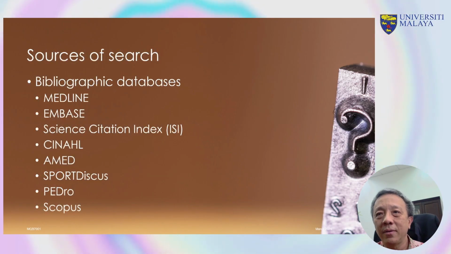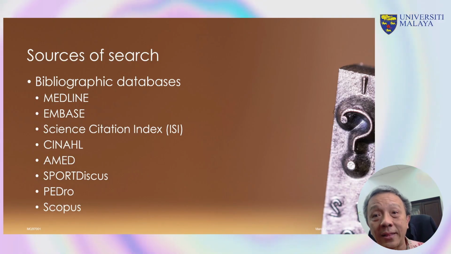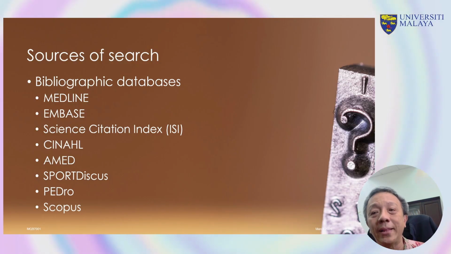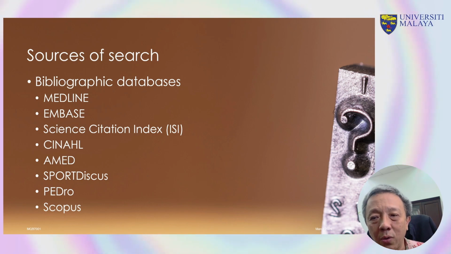Sources of search: bibliographic databases. These are the medical databases. MEDLINE is a database. You can use PubMed to search MEDLINE; PubMed is a search engine. You can use Ovid to search MEDLINE; Ovid is a search engine. So you have Embase, Science Citation Index, and Scopus.